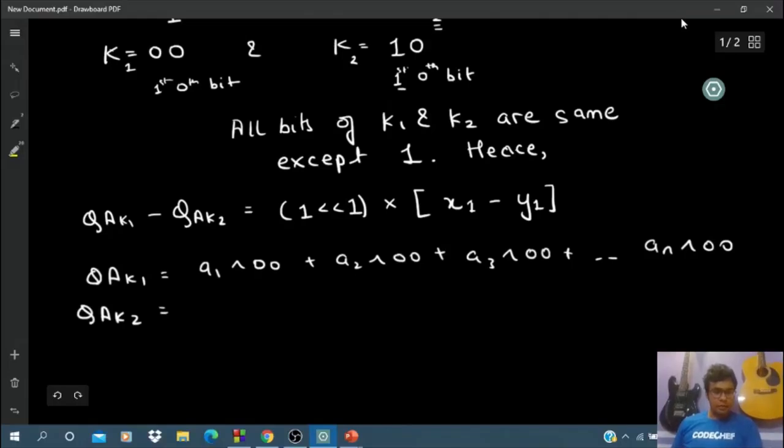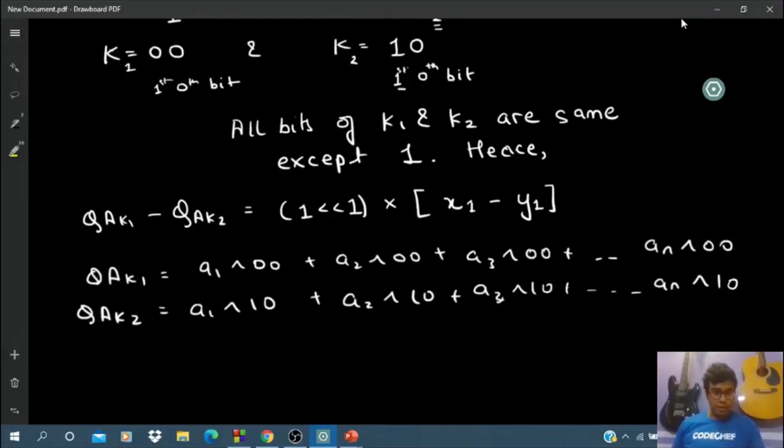And similarly, for QA of K2, we'll have A1 XOR 1 0 plus A2 XOR 1 0 plus A3 XOR 1 0, plus similarly AN XOR 1 0. Okay, so let's talk about these two values.